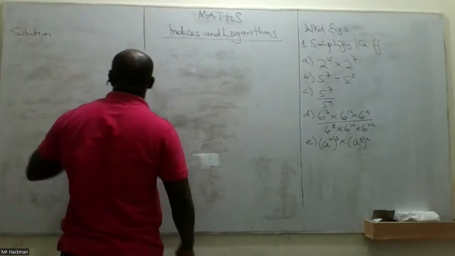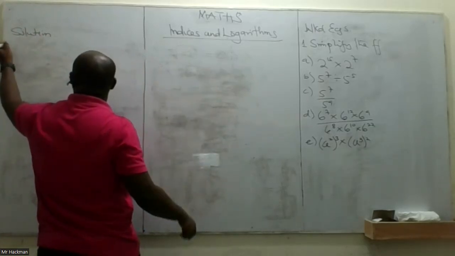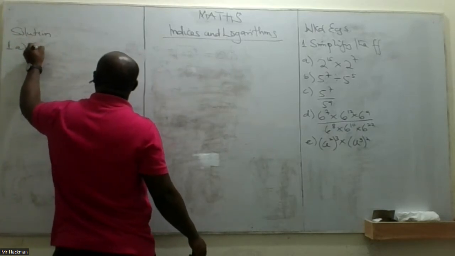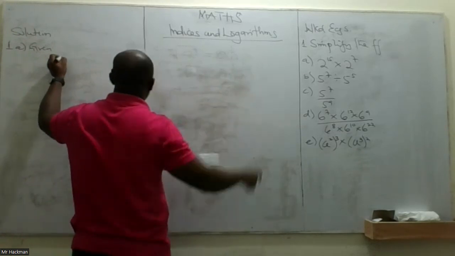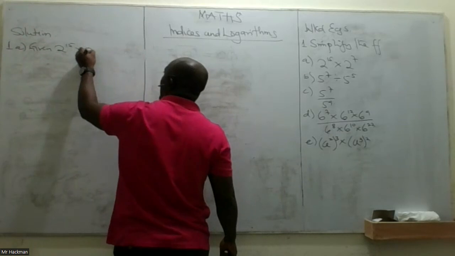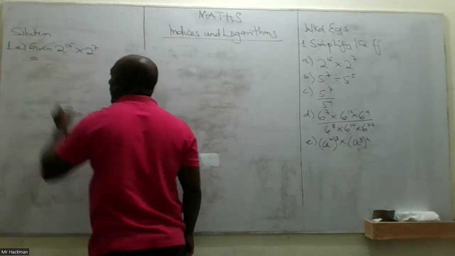As always, once the questions are numbered, our solution must be numbered. So we are looking at solution to question 1A. And question 1A, what are we given? We always extract. We are given 2 to the power 15 times 2 to the power 7. Okay, so we know there's an expression we start with equal to.